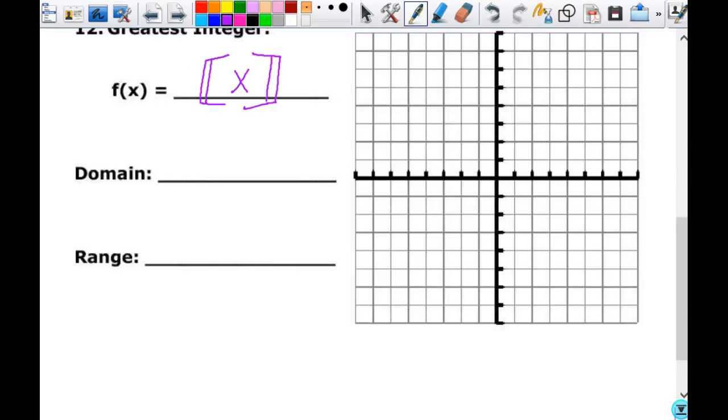Greatest integer function. If you were trying to calculate how many people could fit on the bus, and you had some equation, you figured it out, and your answer is 35.2, how many people can you put on the bus? 35, right? Because you're not going to put part of a person, yes?